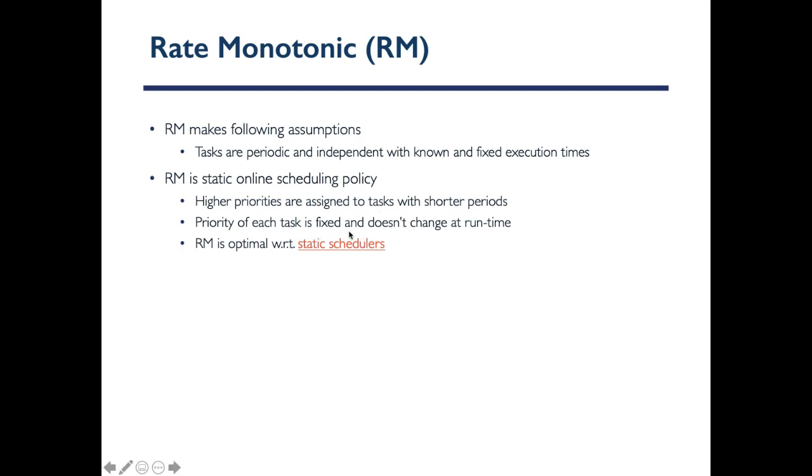But it's optimal with respect to static schedulers, not dynamic, not fully dynamic. So among static schedulers, rate monotonic is optimal. Again, go back and see the definition of optimality.